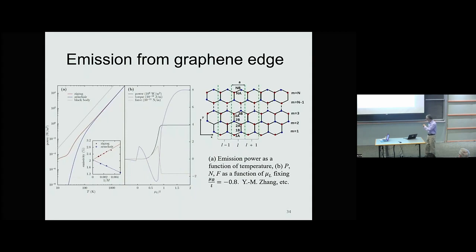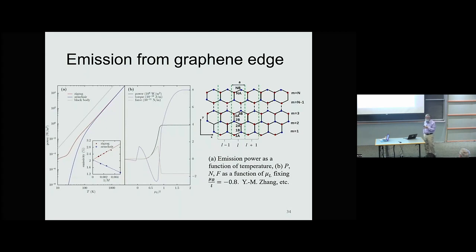So this plot shows three quantities: how much power you have generated, how much torque you have applied, and how much force you have. This is the order of magnitude. So what we do is that we have to bias them.